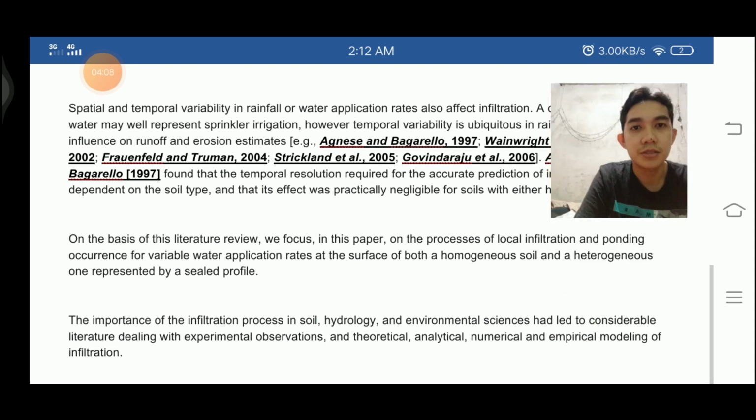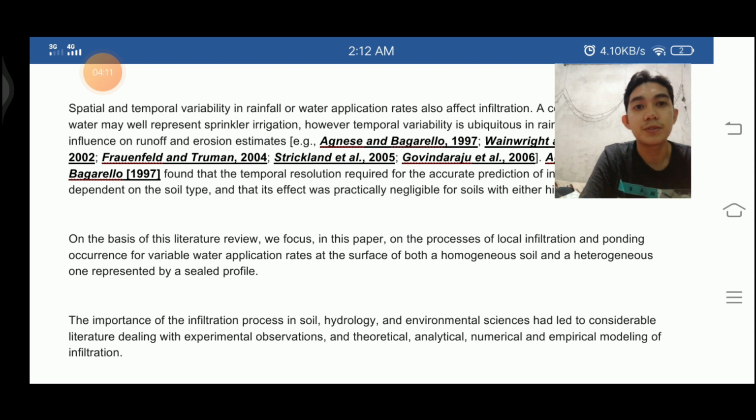On the basis of this literature review, we focus in this paper on the processes of local infiltration and ponding occurrence for variable water application rates at the surface of both a homogeneous soil and a heterogeneous one represented by a sealed profile.